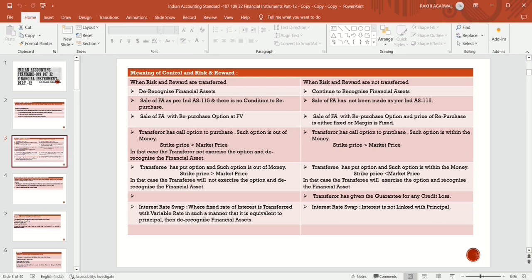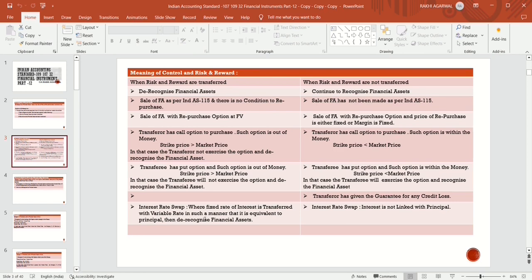When the fixed rate is transferred with a variable interest rate in such a manner that it is equivalent, meaning the financial asset is equivalent to the principal, then in that case it will derecognize the financial asset.